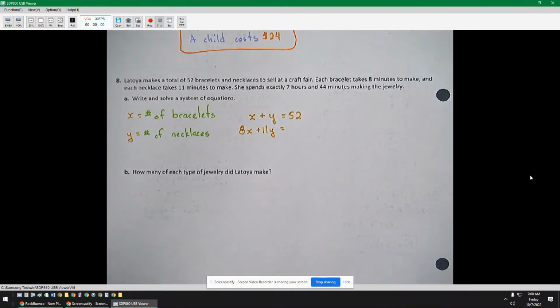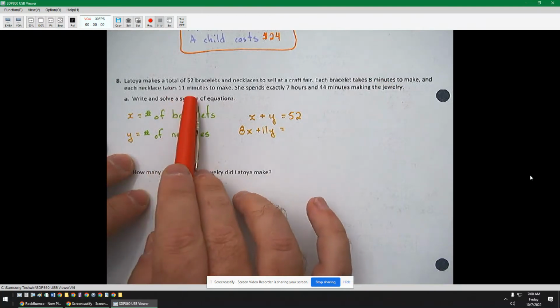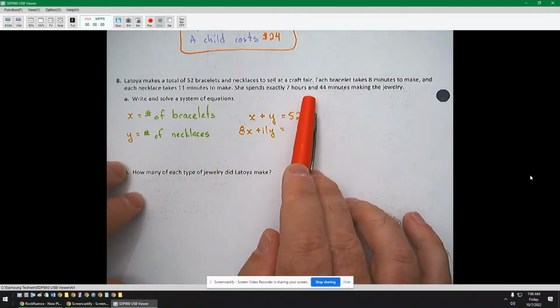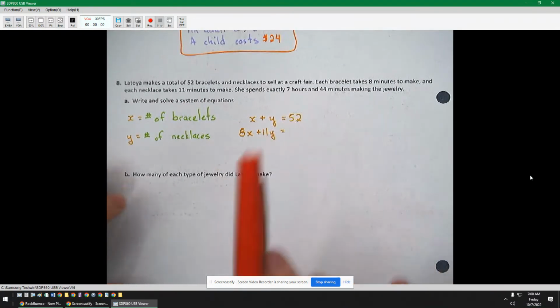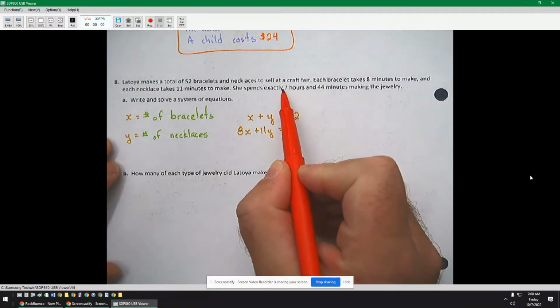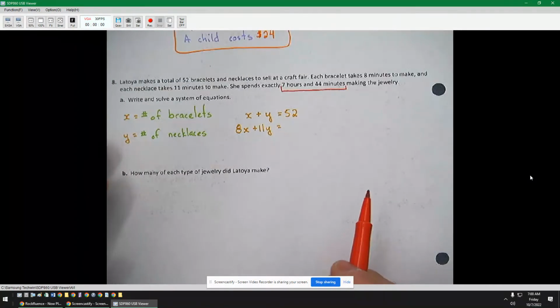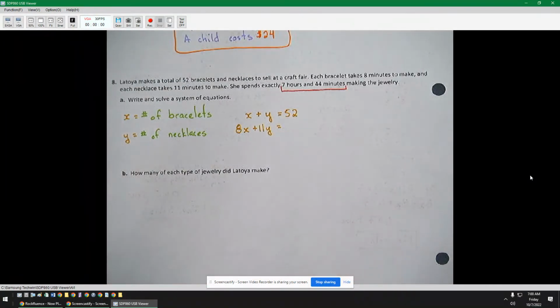This is the point where you've got to analyze your units and see what makes sense for the story. If we said it took 8 minutes and 11 minutes, having exactly 7 hours and 44 minutes does not fit. We don't have anything about hours. So what we need to do is convert this all into hours.